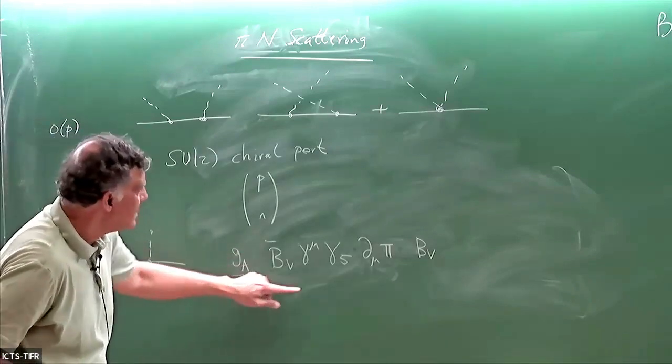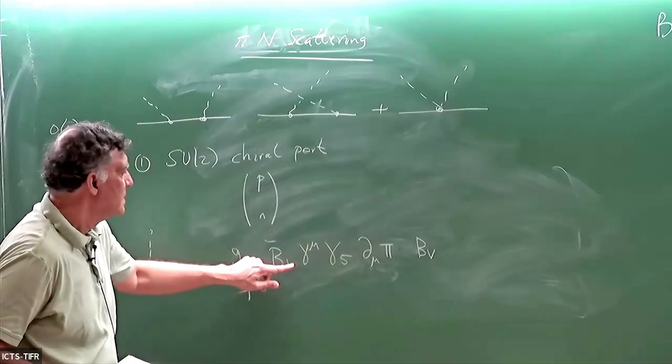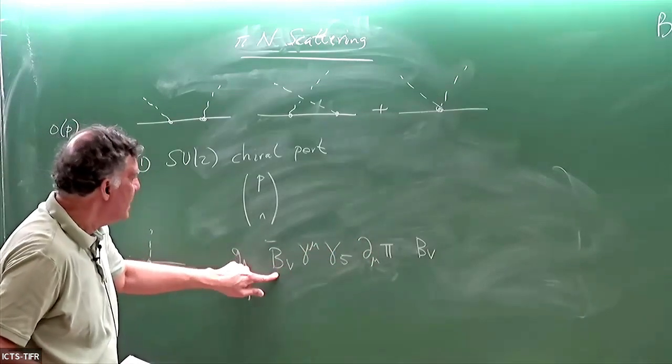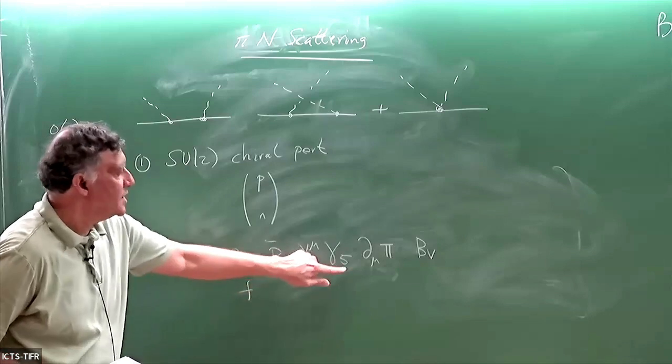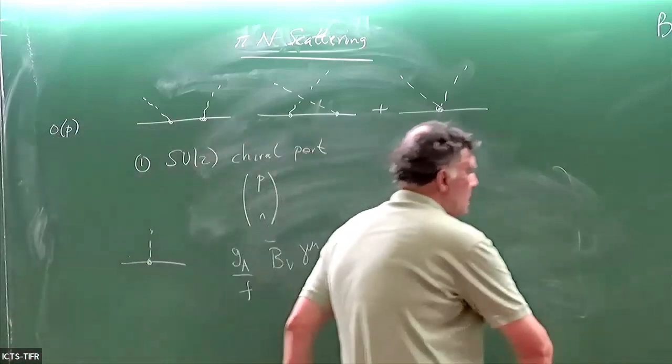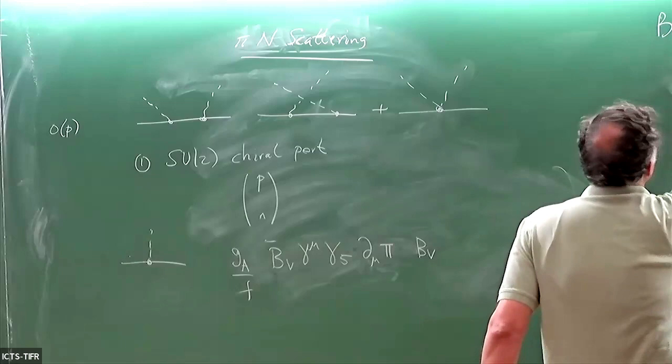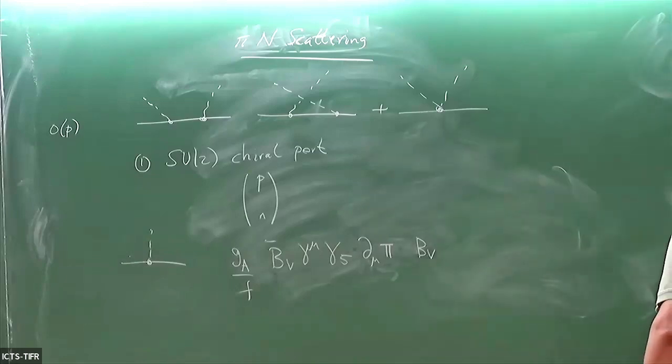Now, as far as the Lorentz structure is concerned, it's B bar, or the spinors. You have B bar V, gamma mu, gamma 5, B sub V. So let's look at that.